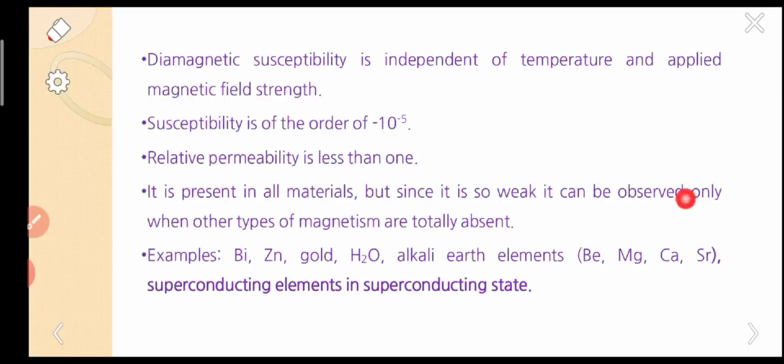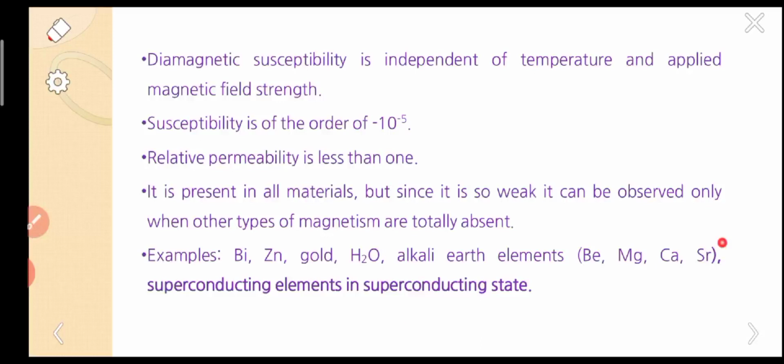Generally it is present in all materials, but it is so weak that it can be observed only when other types of magnetism are totally absent. Generally it is not observed, but whenever there is no other type of magnetism, you can observe diamagnetism in materials.